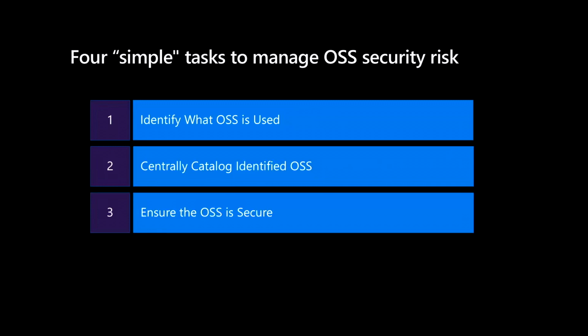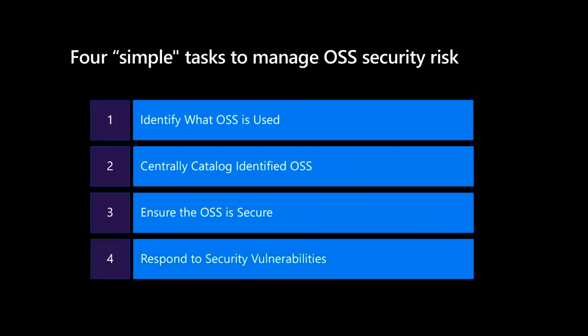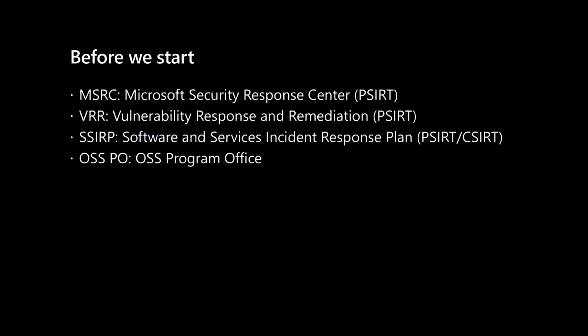One is identifying the OSS that is being used, cataloging that OSS, and then securing that OSS. I'm here to talk about the 4th one, which is really around how do we respond to security vulnerabilities in OSS. Part of my focus is going to be about multi-party OSS response, but I'm also going to talk about some general OSS response examples.